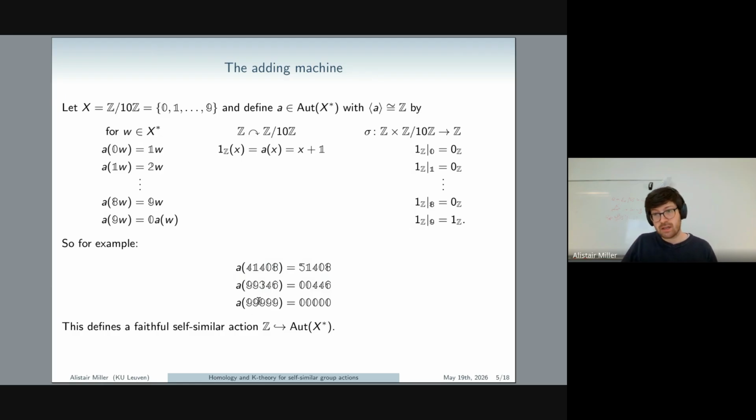So 99999 is just going to go to 0, 0, 0, 0, 0, rather than adding an extra 0 or something like that. So we get a nice faithful self-similar action of the integers like this. Okay. But you can see that this is encoding addition with decimal expansions, if you like. Okay.